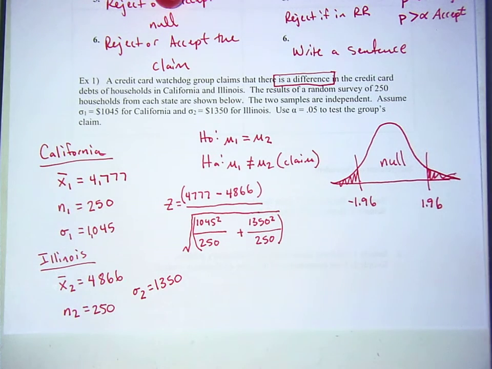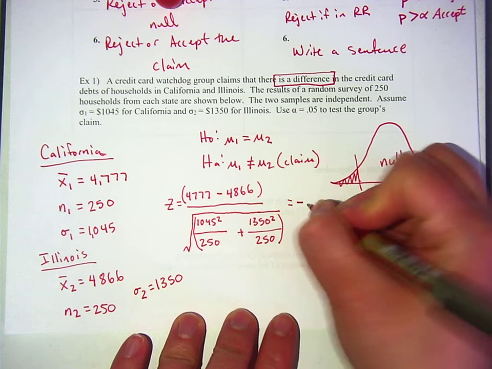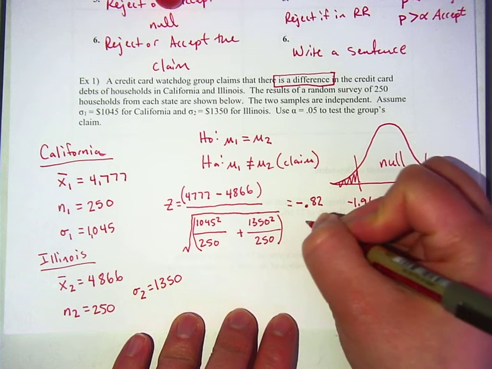So go ahead and try it right now. If you do it right, you should get negative 0.82 for your z-score.